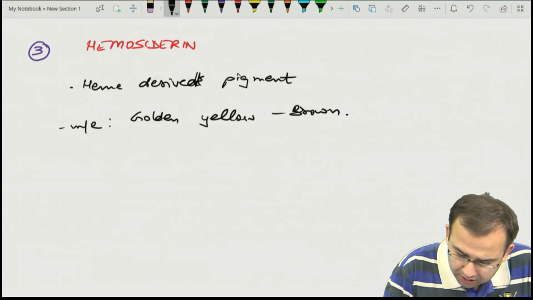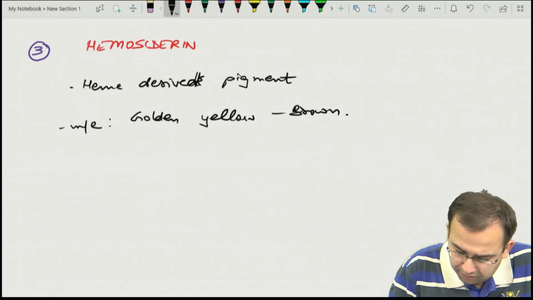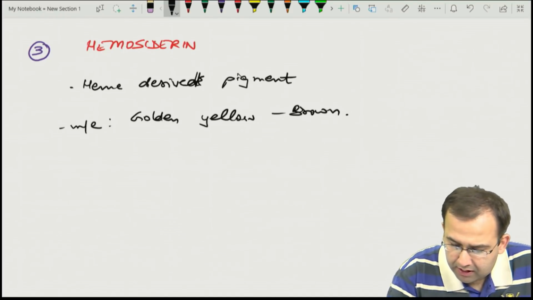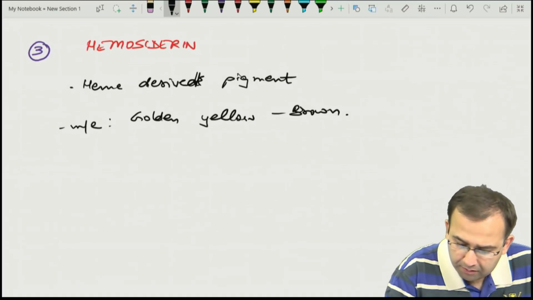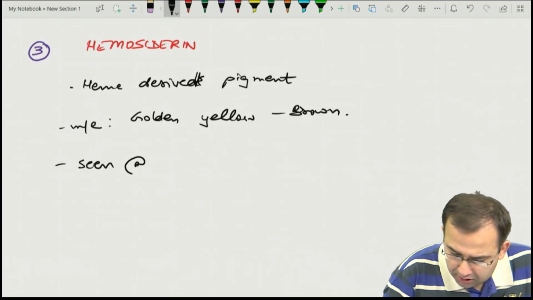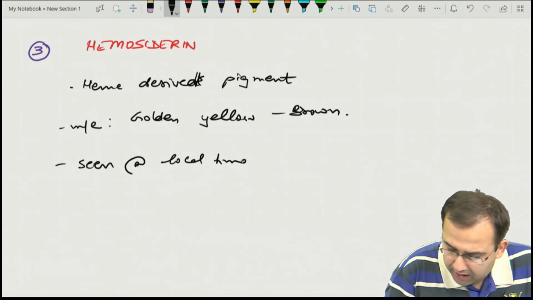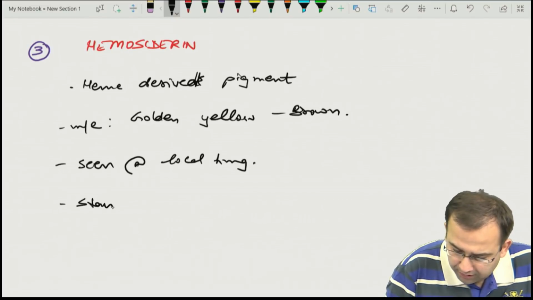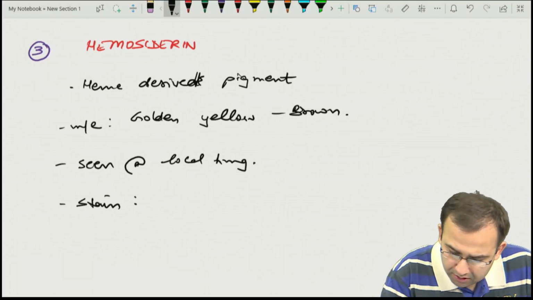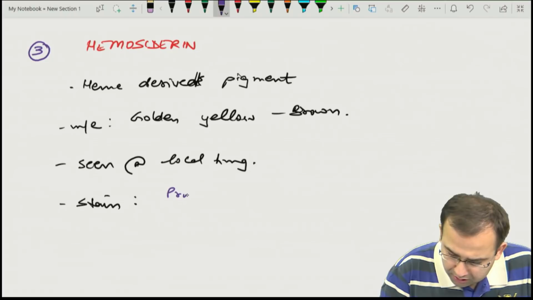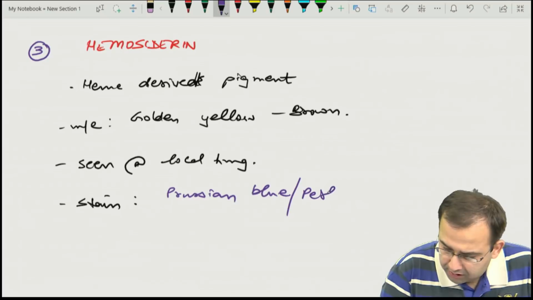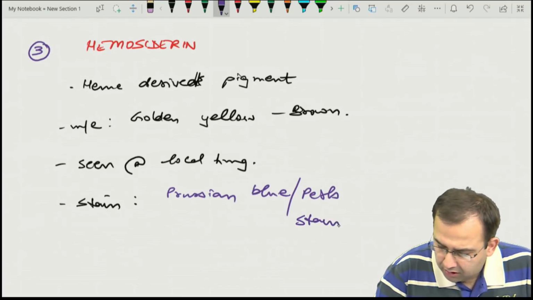Next point, hemosiderin is seen at sites of local hemorrhage or bruising. And the stain used, see the metal is iron, the stain for iron is Prussian blue, or the pearl stain.